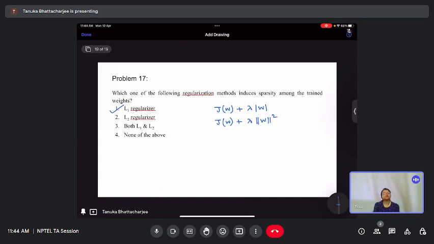So it does not induce sparsity, it keeps all the values of the W vector at very small numbers, but does not make them exactly zeros. Whereas in case of L1, where you are reducing the sum of absolute values, you make some of those zeros and you induce sparsity in the network. So L1 regularization actually helps in inducing sparsity among the trained weights.